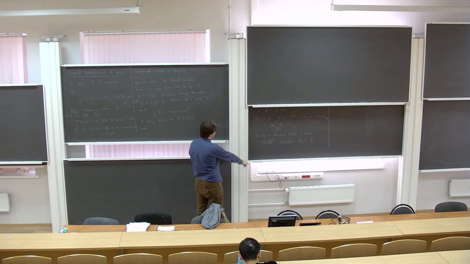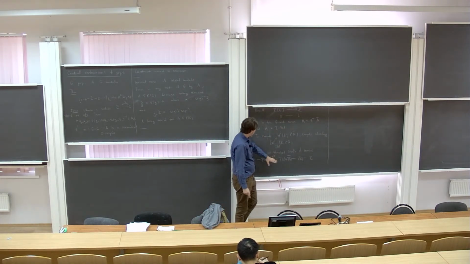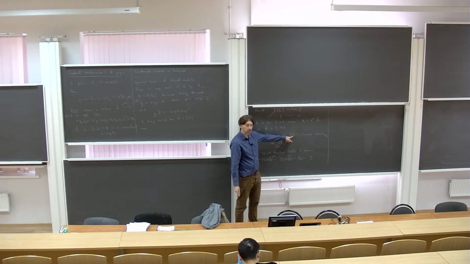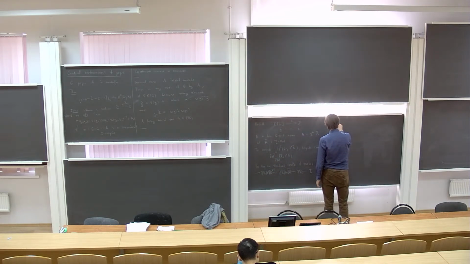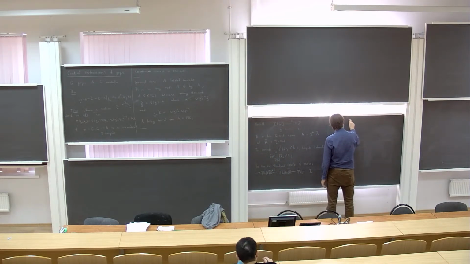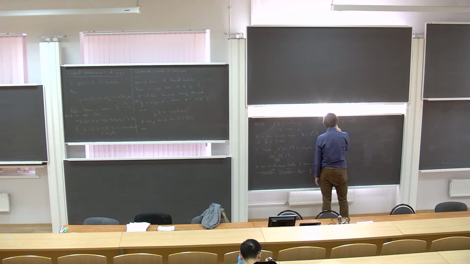So we can use the standard resolution of the source like this. And then we hom this standard resolution into our module. So we get a complex of the following form.